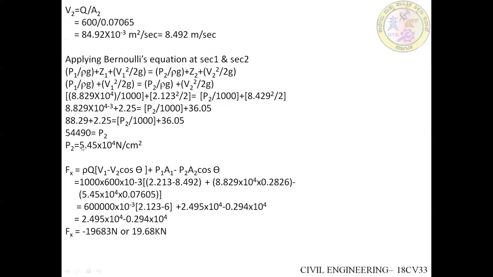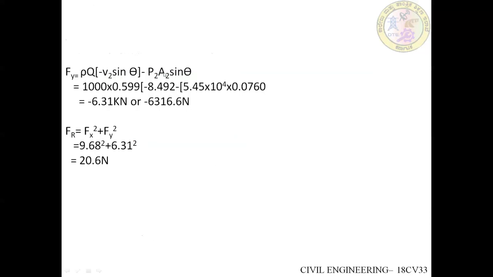After calculating V1, V2 and P2, now use the Fx and Fy formulas directly and get the answer. So Fx is coming around 19.68 kilonewton and Fy as minus 6.31 kilonewton. So we can calculate the resultant force Fr, which is coming around 20.6 kilonewton.